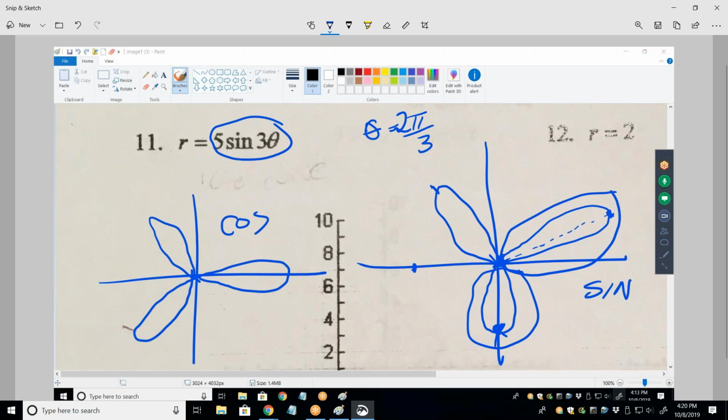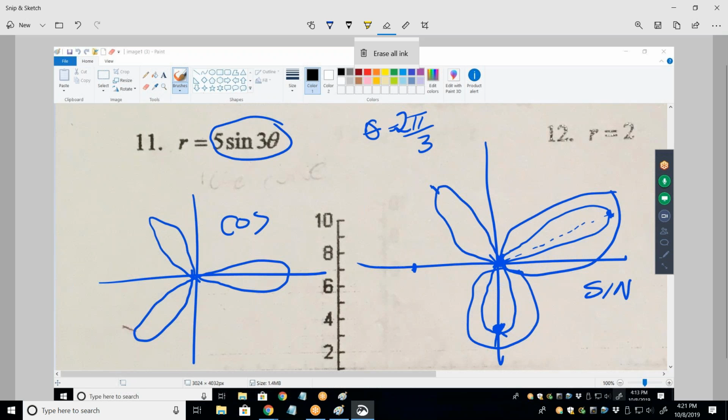In other words, in the rose pedal using cosine, the first pedal is along the x-axis. In the rose curve using sine, the third pedal is along the y-axis. Okay.